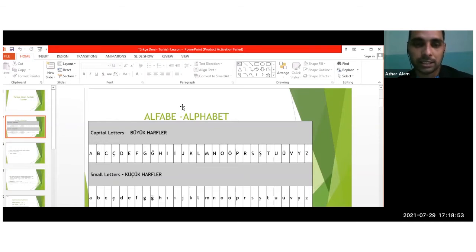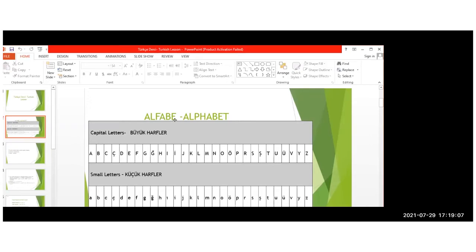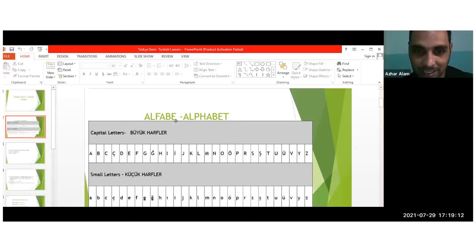In English, the way we write, we might not pronounce as we write. But in Turkish, we pronounce the way we write. The way we write in Turkish, we pronounce the same.